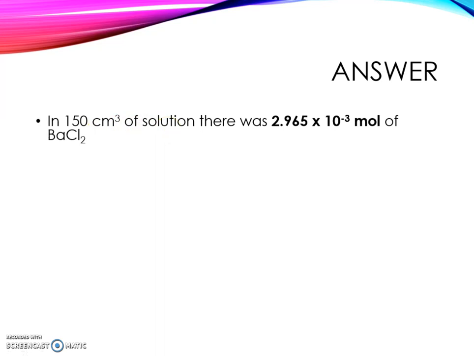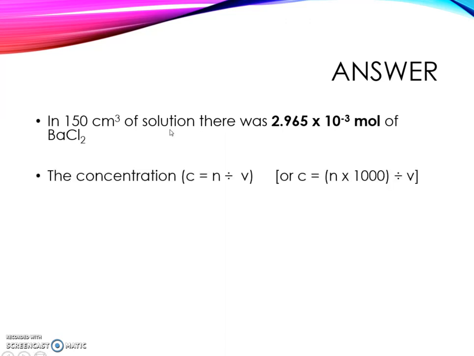Now, when we're calculating our concentration, we need to divide our number of moles by volume. And it's quite simply this equation if your volume is in decimeters cubed. If it's not, then you need to multiply your number of moles by 1000 and then divide by your volume in centimeters cubed.